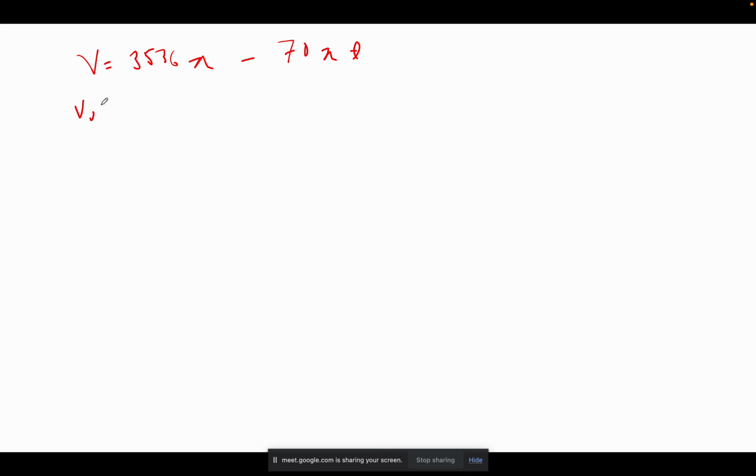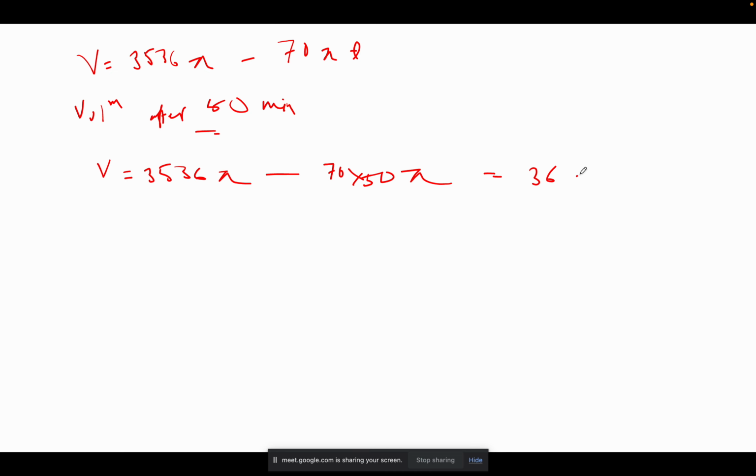Volume, therefore volume after 50 minutes will be equal to 3536 pi minus 70 into 50 pi, that will be 36 pi meter cube.